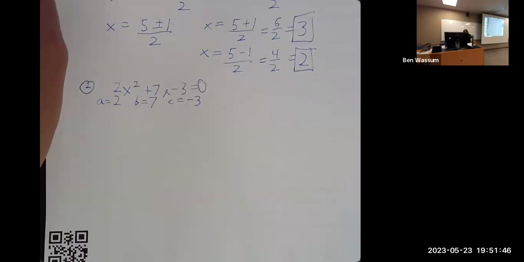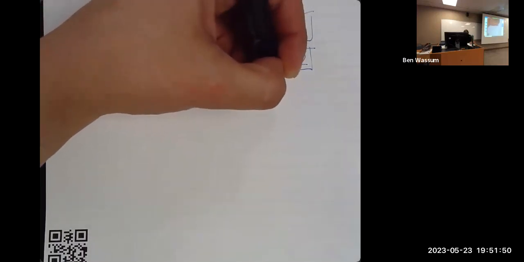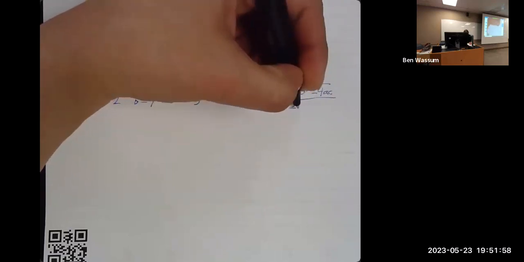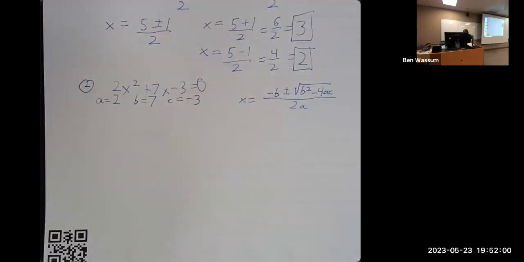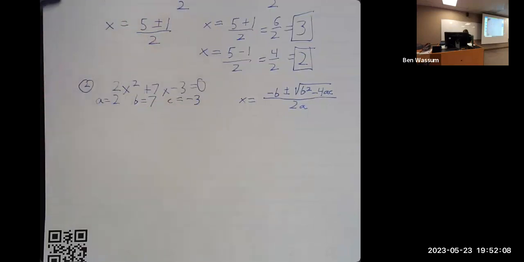Again, I'm going to write the quadratic formula. X is negative b plus or minus the square root of b squared minus 4ac, all over 2a. I'm going to take that and put them together.